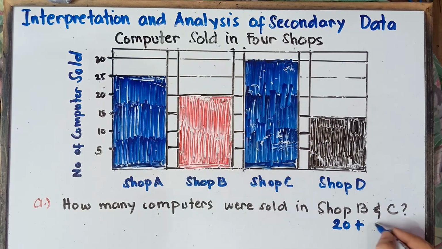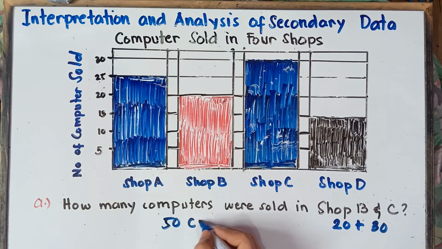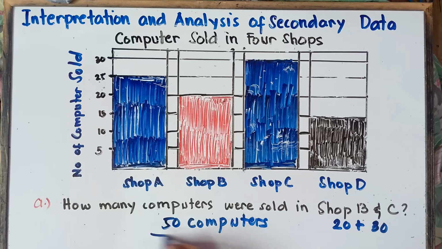So 20 plus 30. Therefore, together for shop B and shop C, there would be 50 computers. That's the answer with regards to letter A.